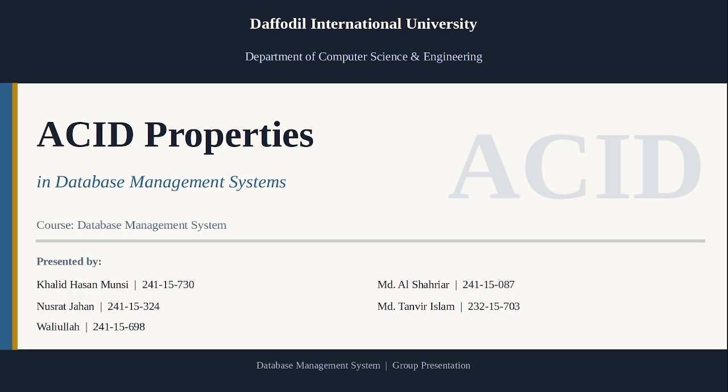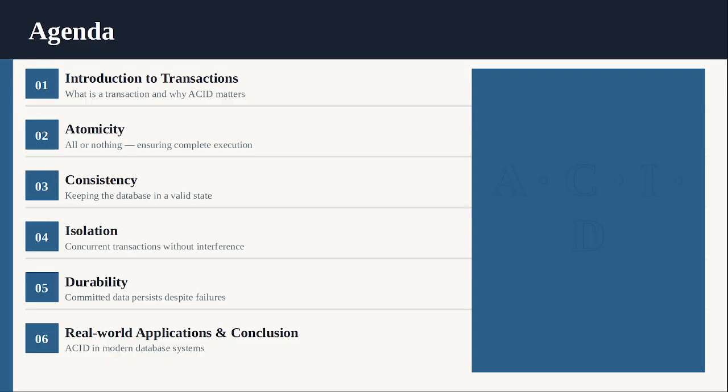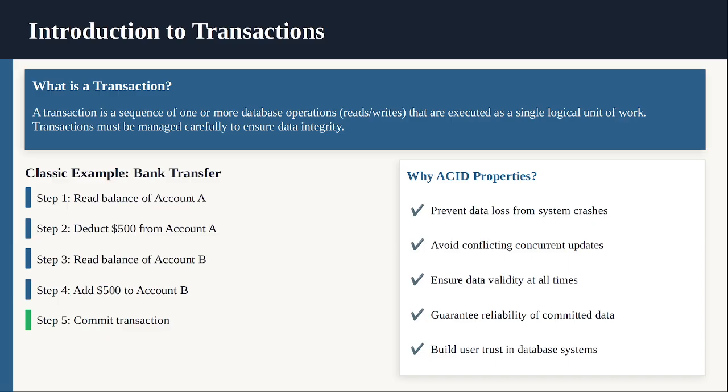To understand ACID properties, we first need to understand what a transaction is. A transaction is a sequence of one or more database operations, such as reading or writing data, that are executed as a single logical unit of work. For example, consider a bank transfer.